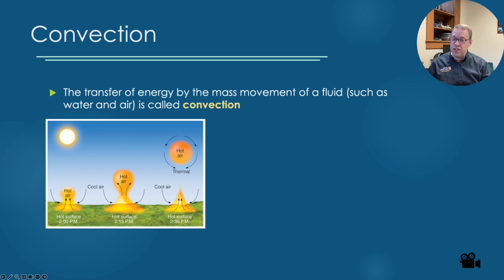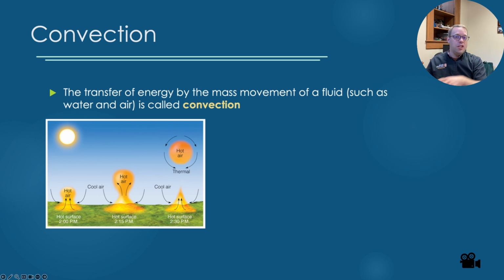All right, so what's convection? Convection is the transfer of energy by the mass movement of a fluid in general. So for example, this can be as simple as you have a pitcher of hot water and you dump it into a pot. The energy is in the hot water. Then as you pour it, the energy just flows with the fluid into the pot.